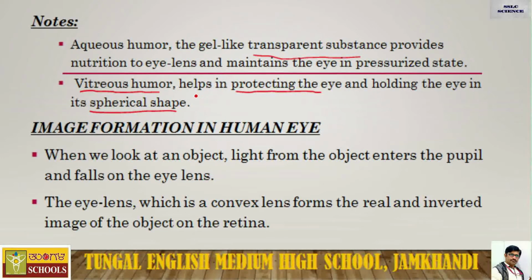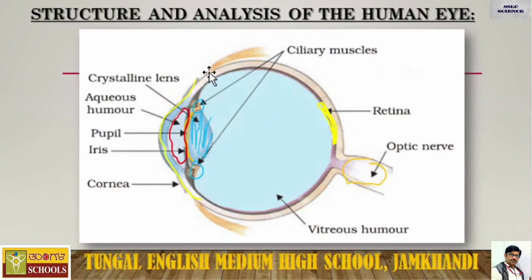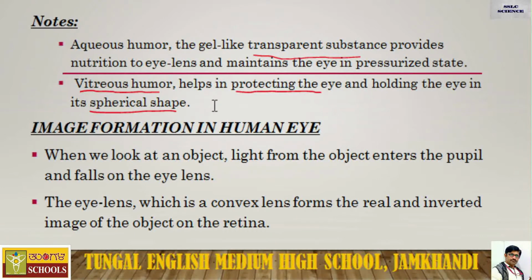So vitreous humor is shown here. This entire blue colored portion is nothing but vitreous humor, which helps the eye to maintain its shape along with protection to the eye.